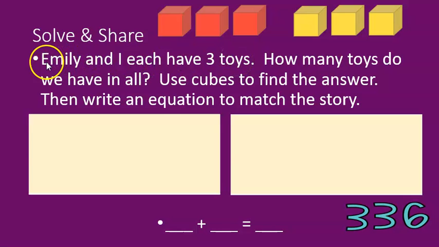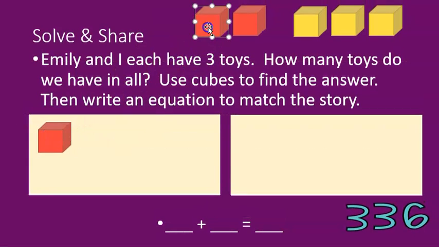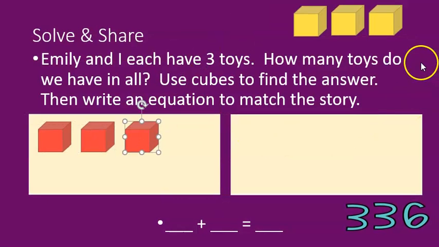So how many toys does Emily have? 3. So keep looking at your screen. Mr. Begay is going to move 3 of these cubes in here into Emily's rectangle, okay? Because it says she has 3 toys. Now, we come to this side over here.